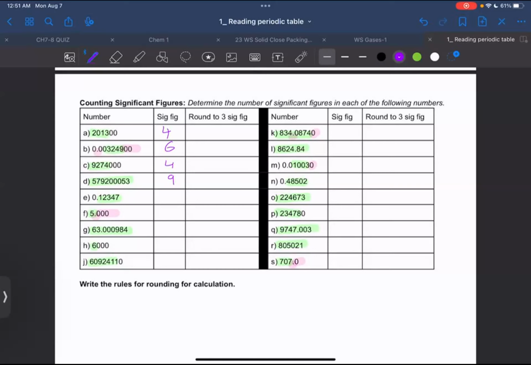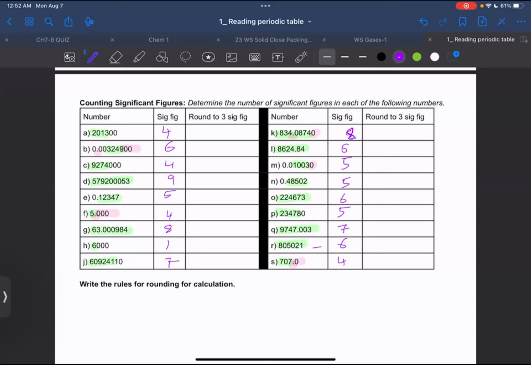That's a lot. 1, 2, 3, 4, 5, 6, 8. 7, 5, 6, 5, 5, 6, 8.